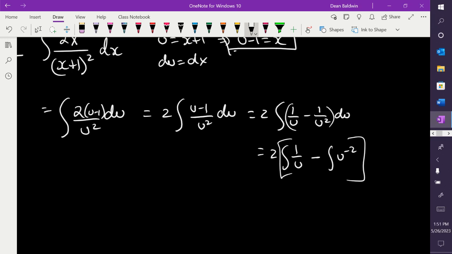So now you can integrate it. The first one, 1 over u becomes 2 natural log of u. The second one, you're just going to add 1 to the exponent and then divide by that negative 1, right? So we're going to add 1 to this, which is negative 1, divide by negative 1, which is going to cancel that. So it should be a plus u to the minus 1.